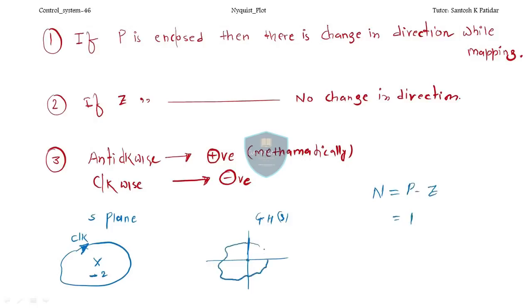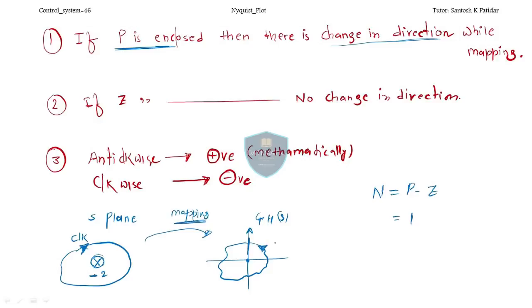So let's make another randomly selected path, and I have drawn one time encirclement of the origin over here. Initially the direction was clockwise. Now what will be the direction of this path? Now the question is, if P is enclosed, meaning a pole is enclosed, yes, you can see the enclosement of poles, so you will change the direction. There is a change in direction while mapping. You are doing mapping, correct. So you will change the direction.